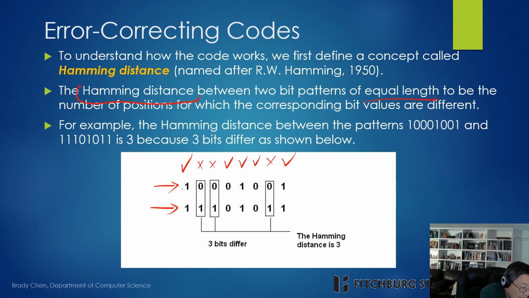So these 3 are the number of positions where the corresponding bit values are different. So we define the Hamming distance between these 2 bit patterns as 3. Okay, so the distance is 3.